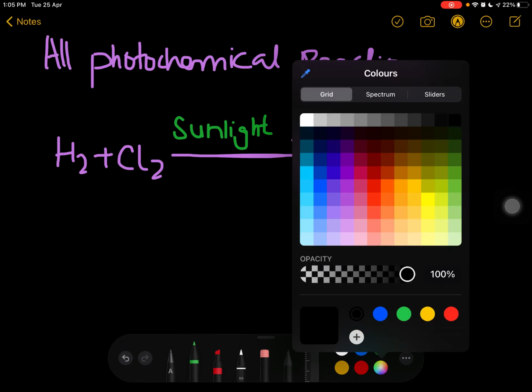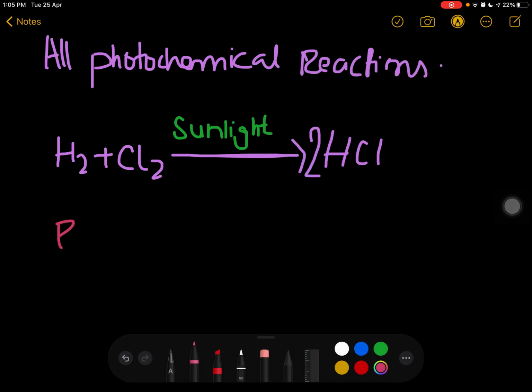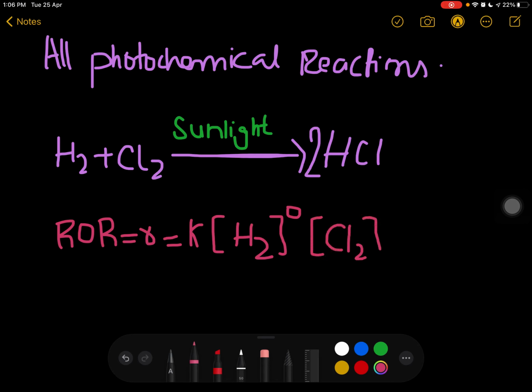If I want to write the rate expression for this, it would be ROR, which is equal to R, which is equal to K [H2]^0 [Cl2]^0, because here the concentration is not being utilized. The rate of reaction is independent of the concentration of hydrogen and chlorine, but it is dependent upon the sunlight, because sunlight would let them react.